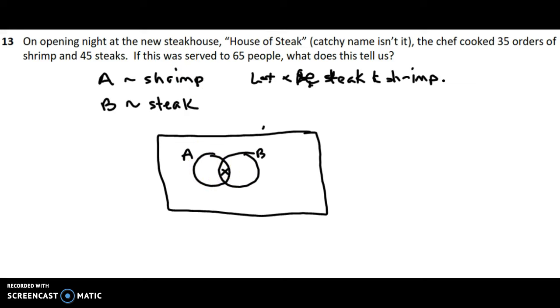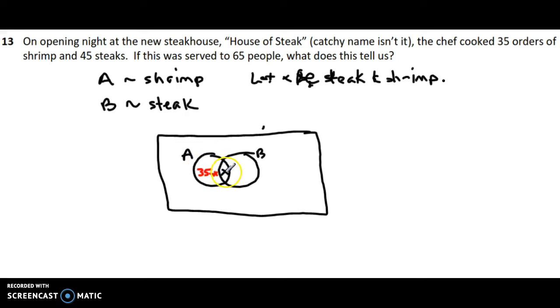Now, I'm going to use a different color here. There are 35 people who ordered shrimp. So that's set A. So that must mean the people who only ordered shrimp must have been 35 take away the people who ordered shrimp and steak, so minus X. Since this whole set A represents shrimp eaters, some of them ordered steak and shrimp.